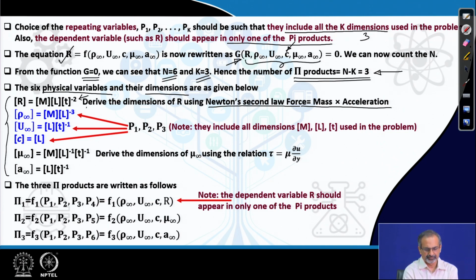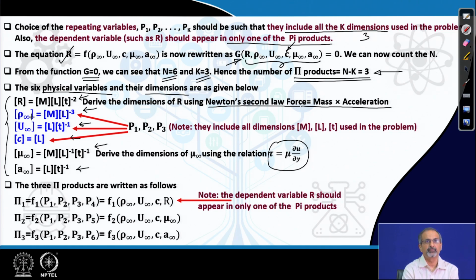Density, velocity, chord length, viscosity, and speed of sound. For viscosity, again you can use this relation, shear stress equal to mu times the velocity gradient, which can help you conveniently to define its dimensions. So, you must do these things on your own later at home.